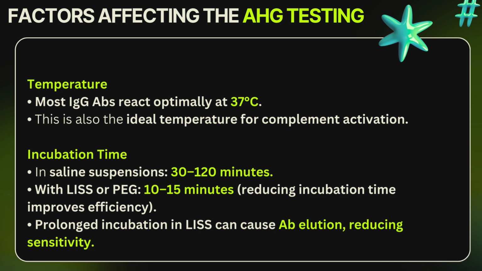Now turning to incubation time, this can vary significantly based on the medium used. In saline suspensions, the incubation time ranges from 30 to 120 minutes. However, when using LIS or PEG, this can be reduced to just 10 to 15 minutes. This shorter time frame enhances efficiency but requires careful monitoring.